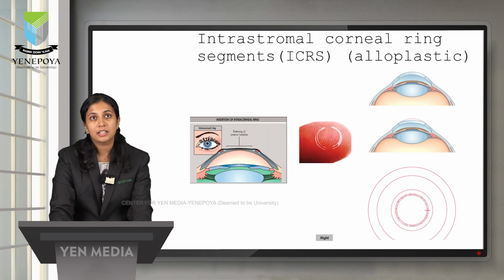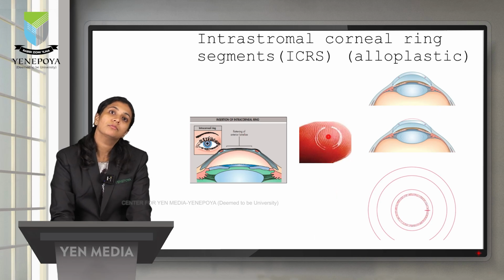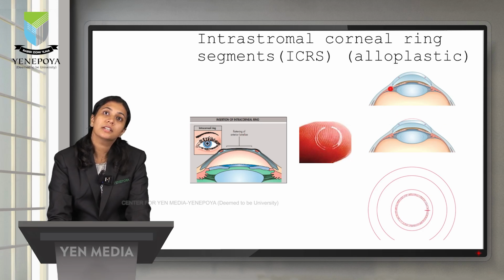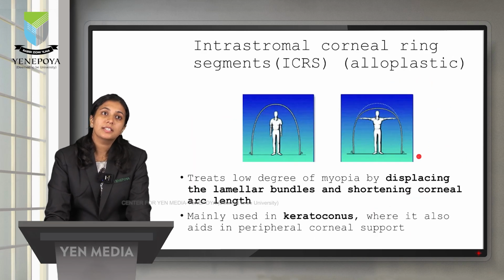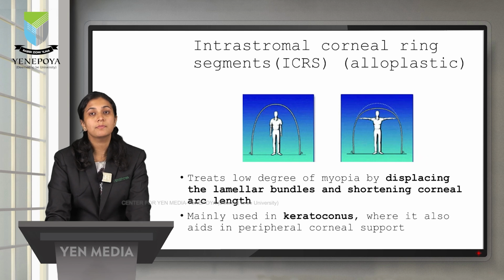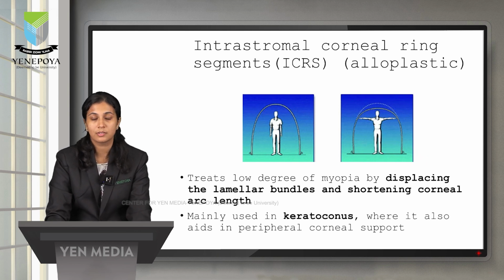In intrastromal ring segments, as you can see in the picture, there are two ring segments which are made of hydrogel or polysulfone. They are placed inside a tunnel made inside the stroma, and it acts by displacing the lamellar bundles and shortening the corneal arc length. This is used in keratoconus cases because it gives an additional support to the weak cornea also.